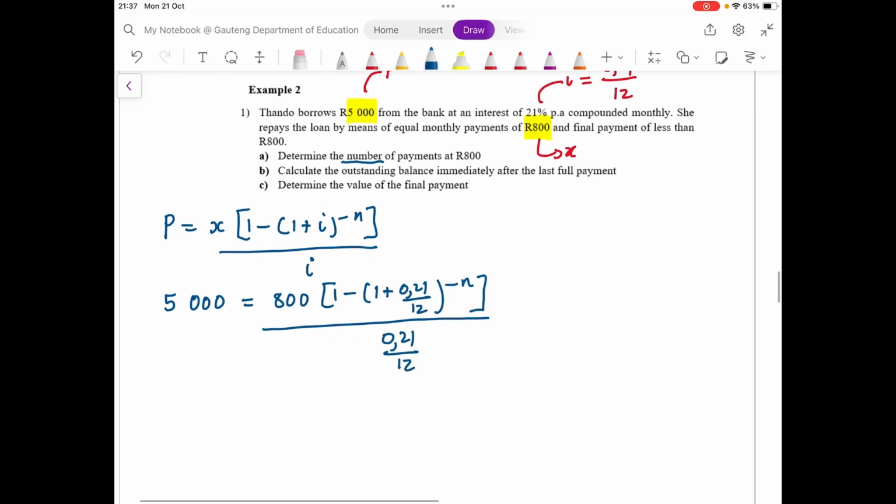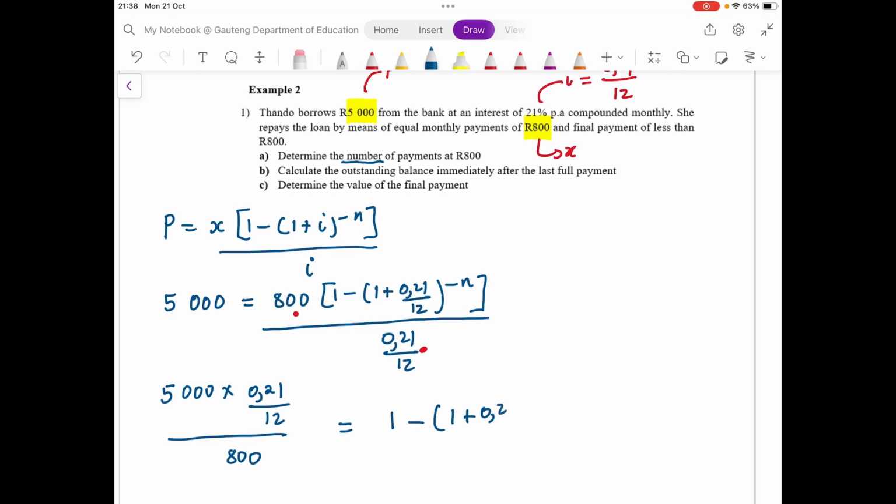We are looking for N. Now from here, I am going to cross multiply, so I will multiply everything by 0.21 over 12. Then I will divide by this 800 on both sides. Now I am going to have 5,000 times 0.21 over 12, and on both sides we divide by 800. So this will be over 800 is equal to 1 minus 1 plus 0.21 over 12 to the exponent negative n.